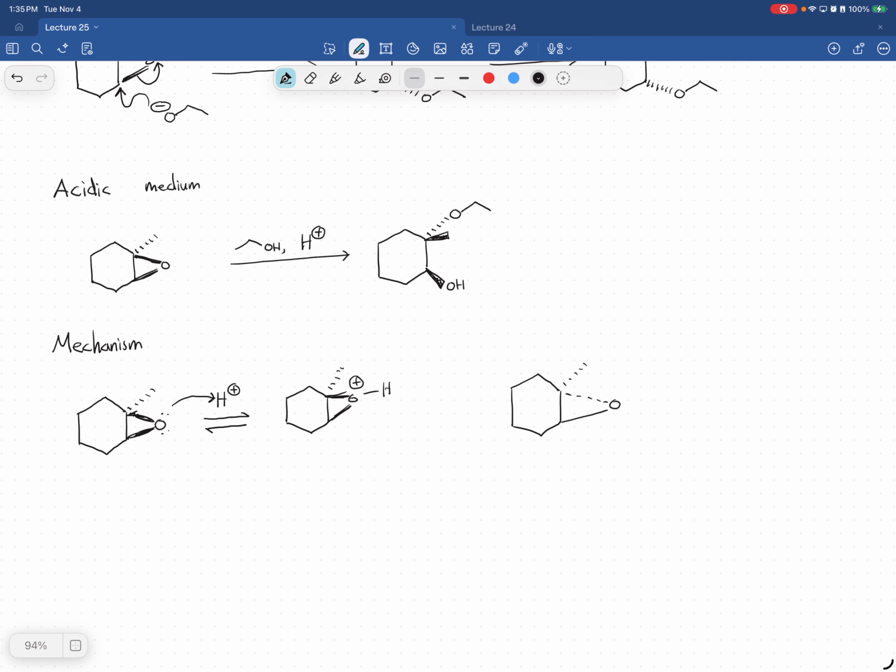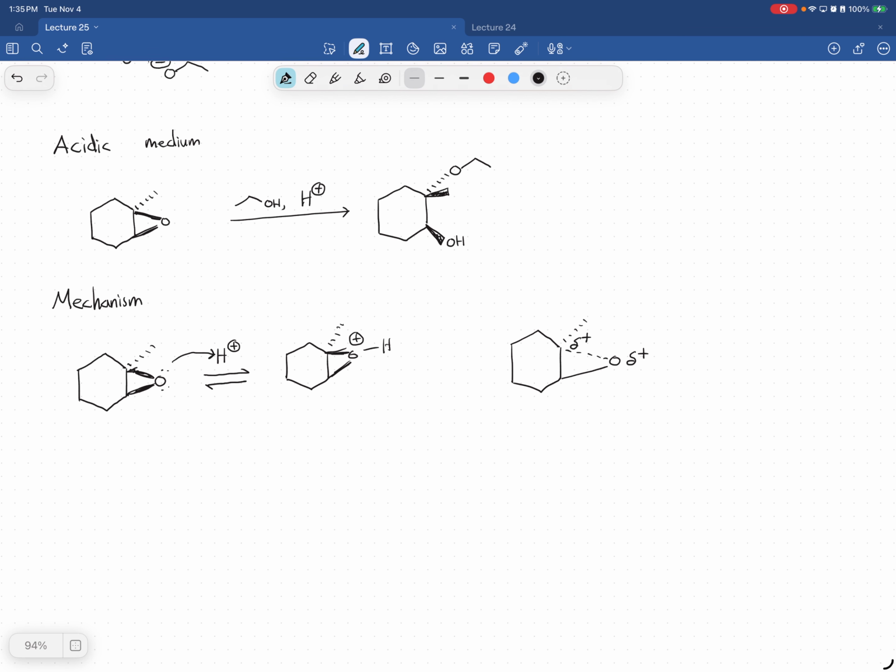And in the transition state here, this is going to be a delta positive. We know here that as this bond is breaking, a delta positive charge is forming. Okay, so we have that situation.